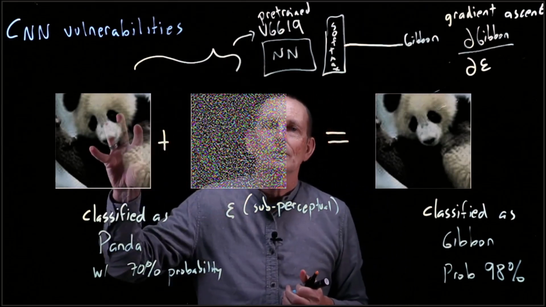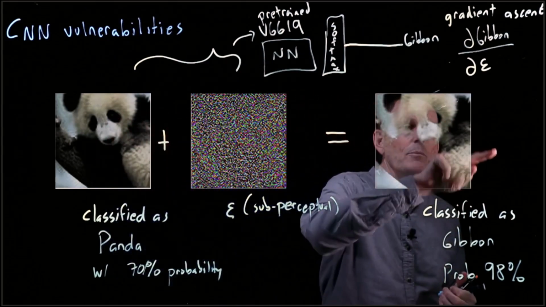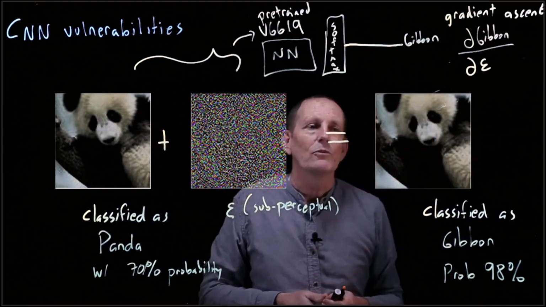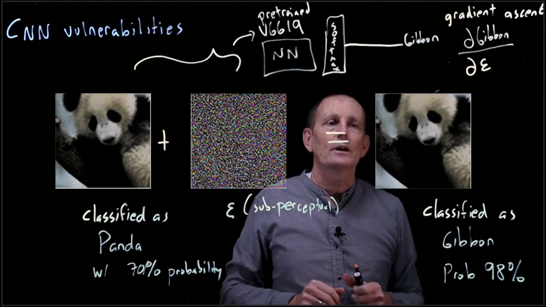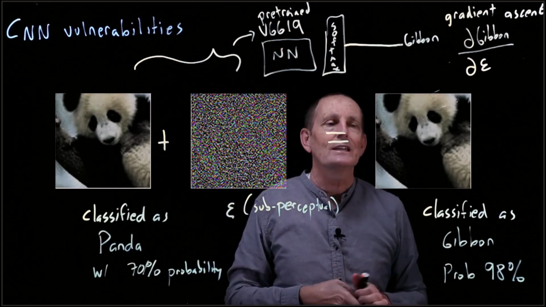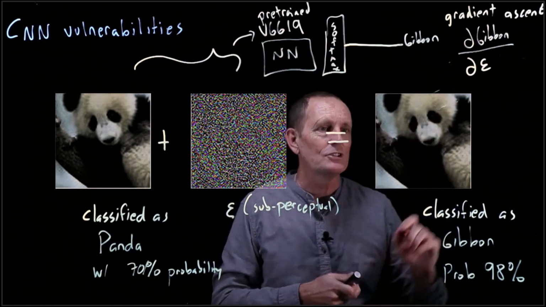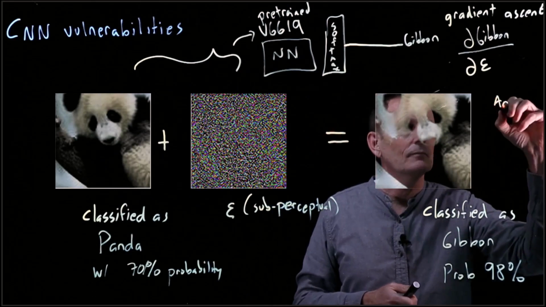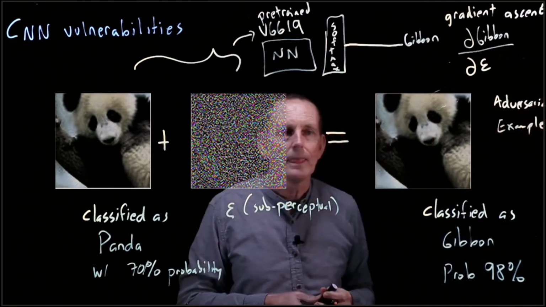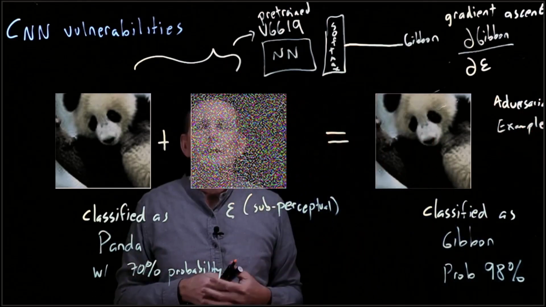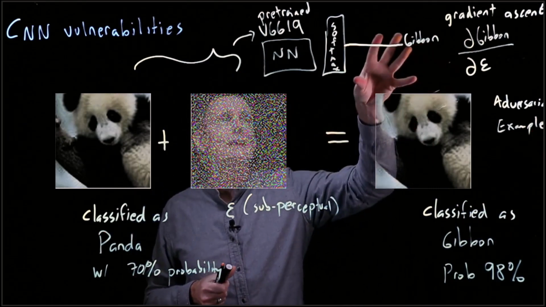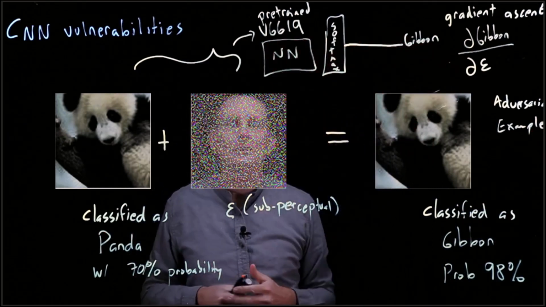And so that would then allow us to come up with this image. For this particular neural network, pre-trained with these particular weights, we've got a way to fool it. This is what's called an adversarial example. You might say, well, this was created by actually having the neural network weights.